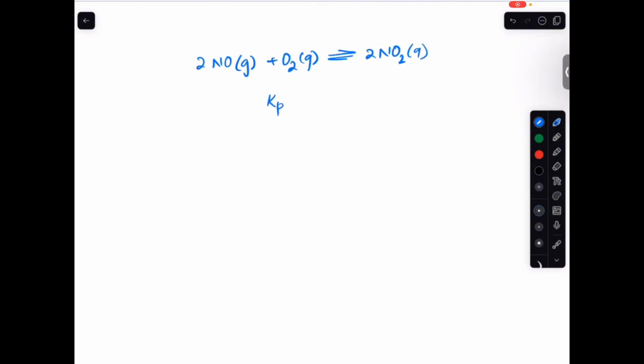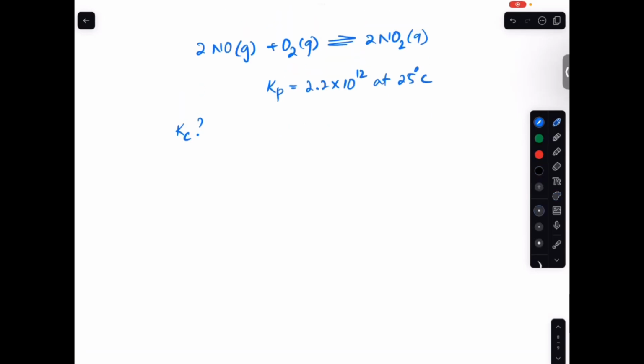Kp for this reaction is given to you, which is 2.2 times 10 to the power 12. And the temperature given to you is 25 degrees Celsius. The question is, what is Kc? Go ahead and think about this reaction for a little bit and see if you can apply what we just learned. So here we go.